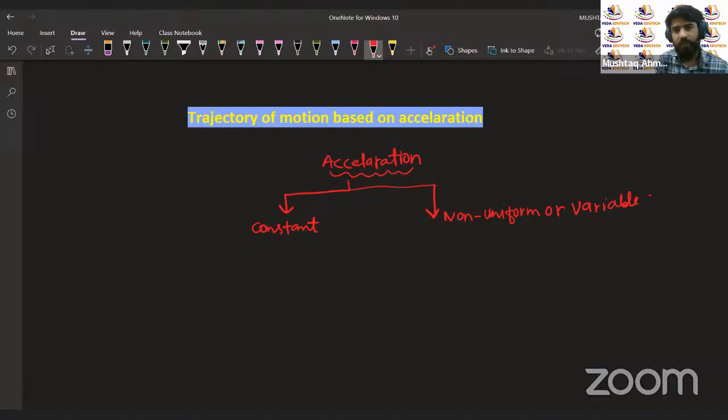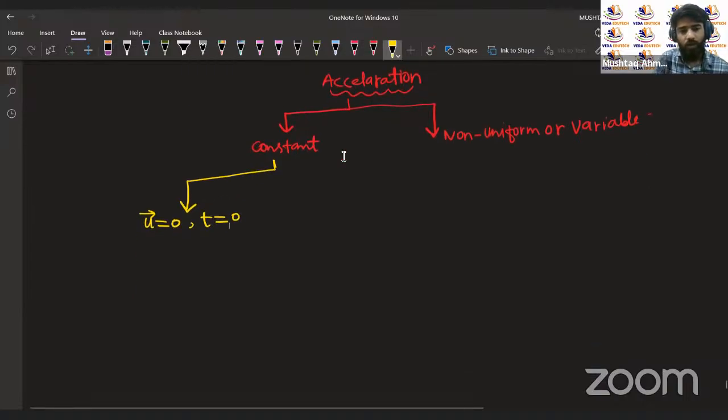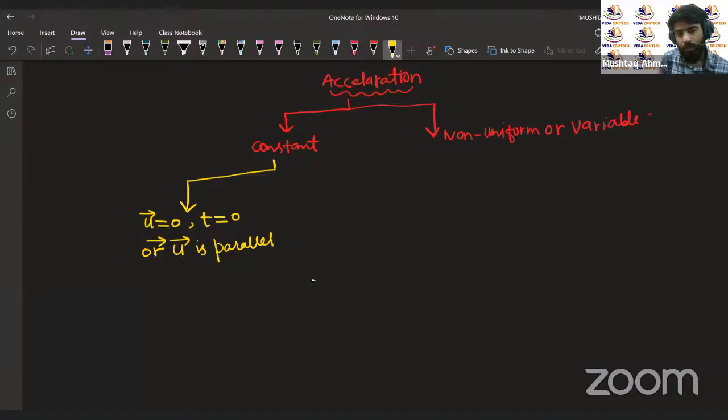Now if the acceleration is constant, there will be two cases. Suppose the initial velocity vector u is zero at time t equal to zero, or if there is an initial velocity u, then if the u vector is parallel to the a vector, two cases.